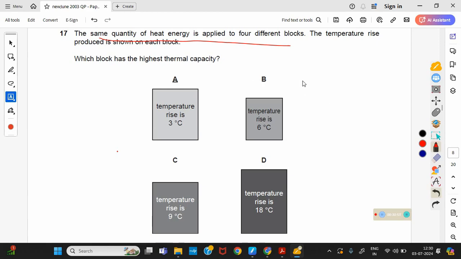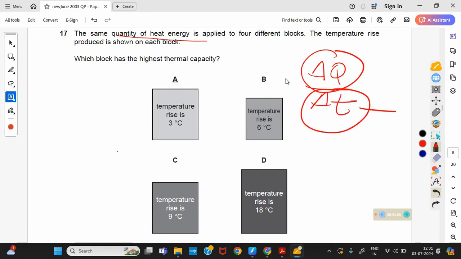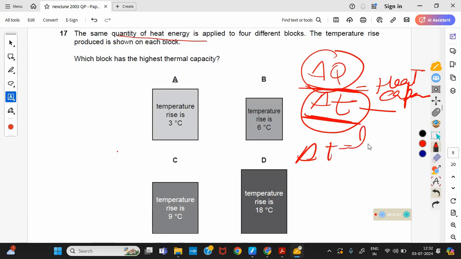Heat capacity is delta Q by delta T, where delta Q is the change in the thermal energy and delta T is the change in the temperature. With the formula, less change in temperature means more heat capacity, because delta Q is fixed here, the same amount of heat energy.